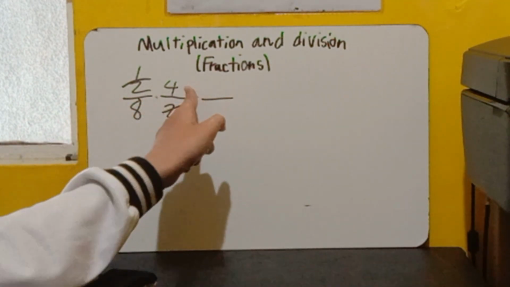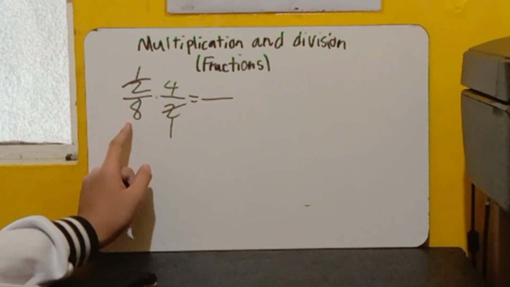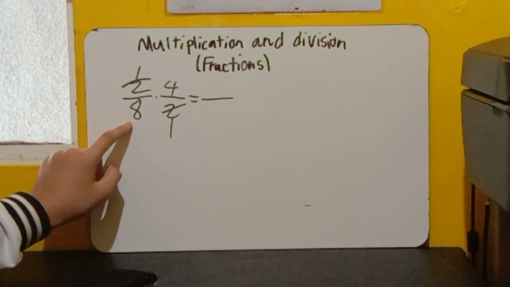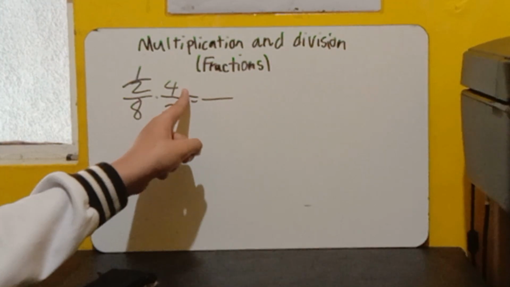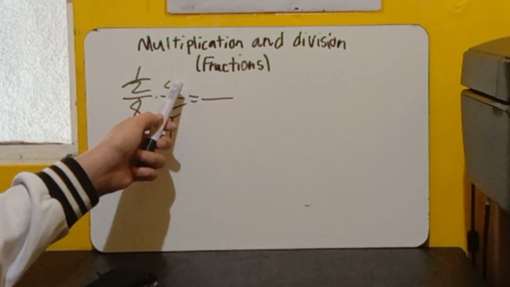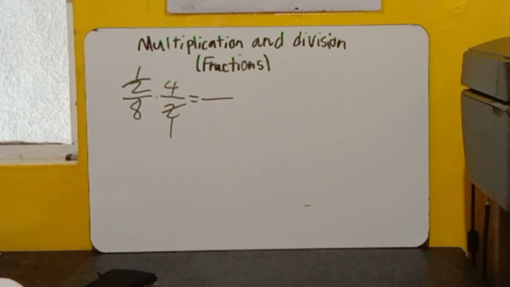Now, in the first fractional number, the denominator is 8, and in the second fractional number, the numerator is 4. So they're both divisible by 4.